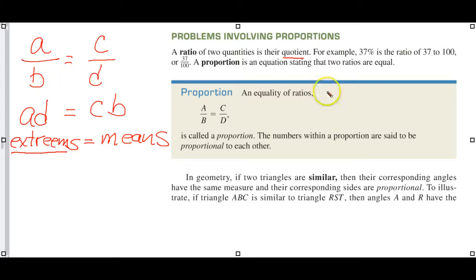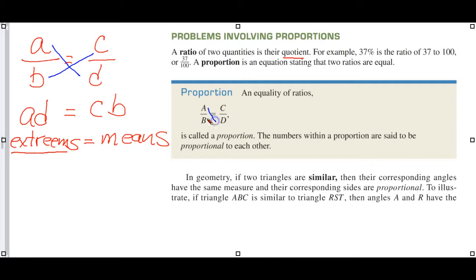And what we know, and I've mentioned this earlier, but now this is where we're going to show you, you can actually multiply the extremes, A times D, and get AD, and multiply the means and get CB, or BC, and we say the product of the extremes equals the product of the means.